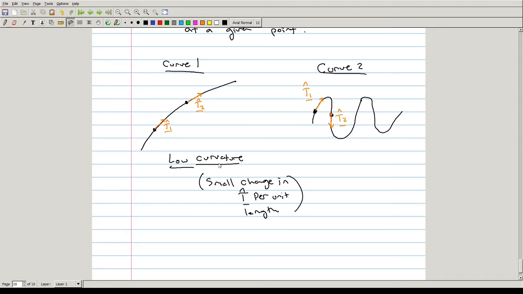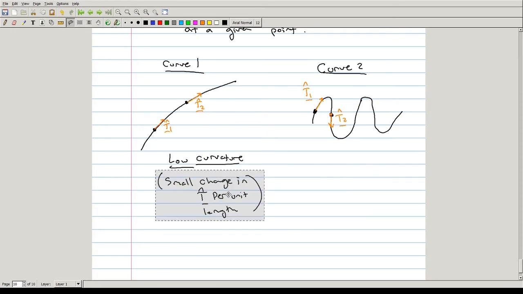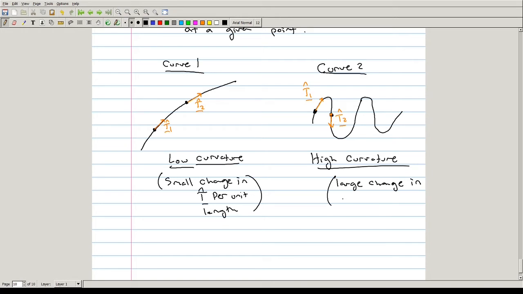But curve 2, on the other hand, has a high curvature, because there's a large change in the unit tangent vector per unit length along the curve.